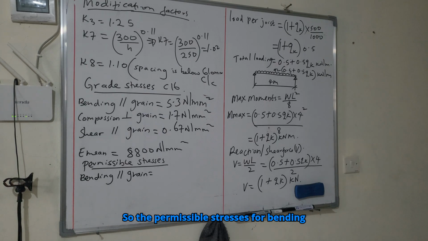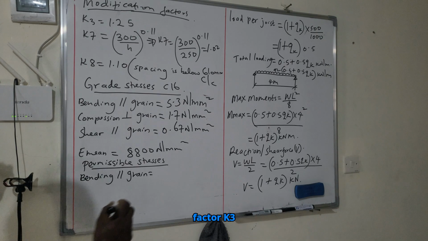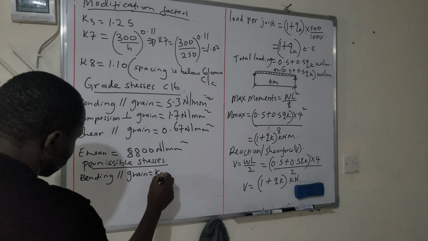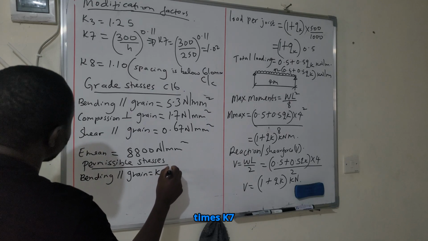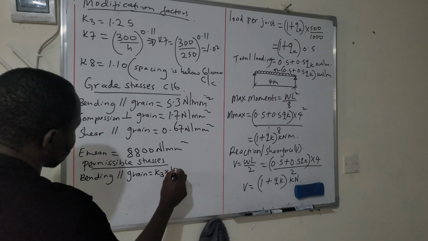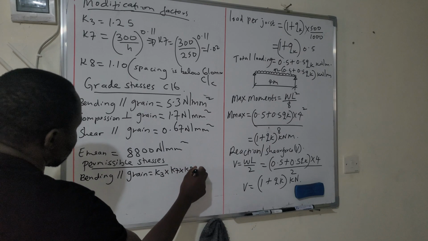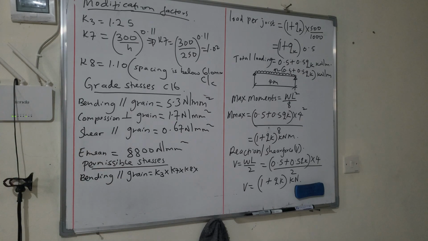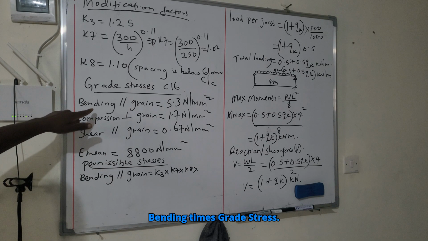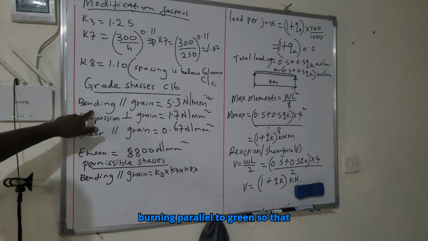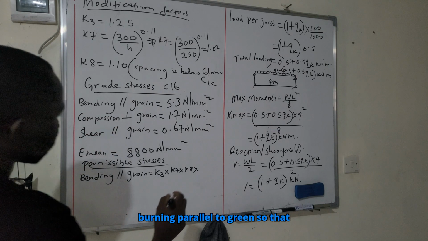The permissible stress for bending parallel to grain will be modification factor K3 times K7 times K8 times grade stress bending parallel to grain.